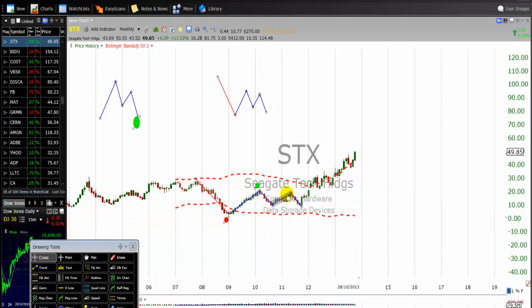The B to C, which is this section here, is either 38.2% or even 88.6% of the AB. Let me say this again. The B to C can be either 38.2% of AB or even go up to 88.6% of the AB.